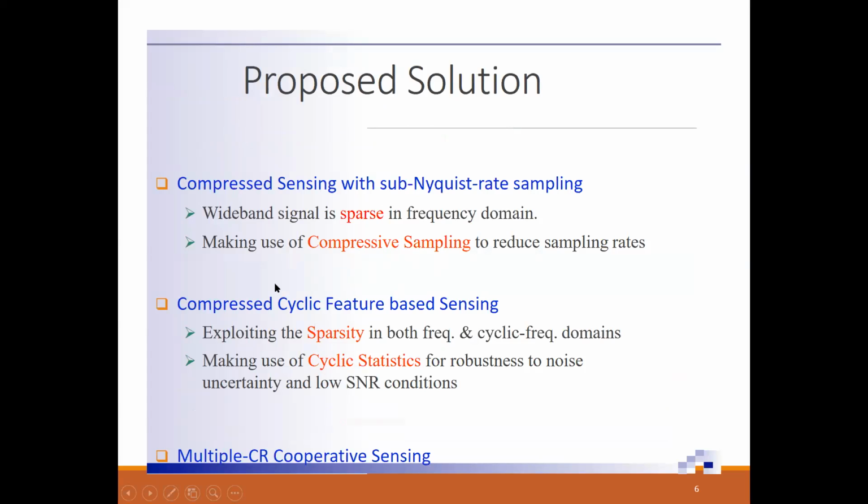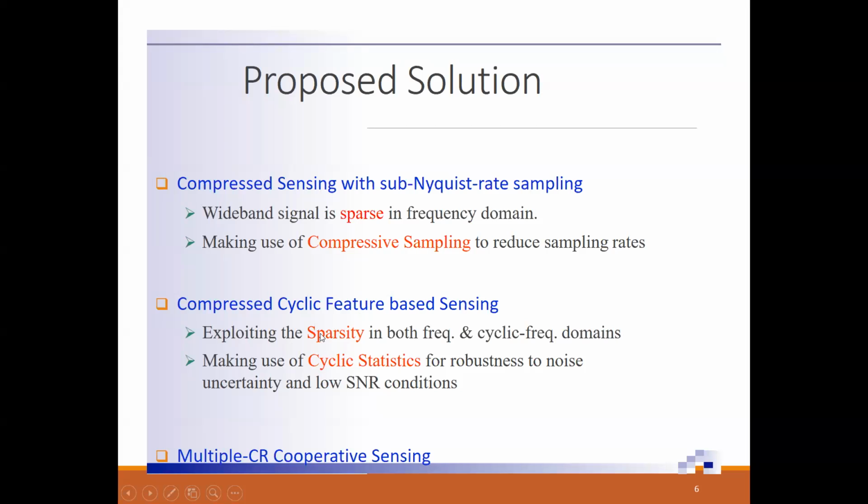The term compressive sensing is something new to many of you. I have a separate slide to explain it, so I'm going slightly faster here so that I can spend some time on the mathematical part. There is another feature in the wideband signal, known as the cyclic feature. I will come to the cyclostationary part in a slide. Here you are exploiting the sparsity.